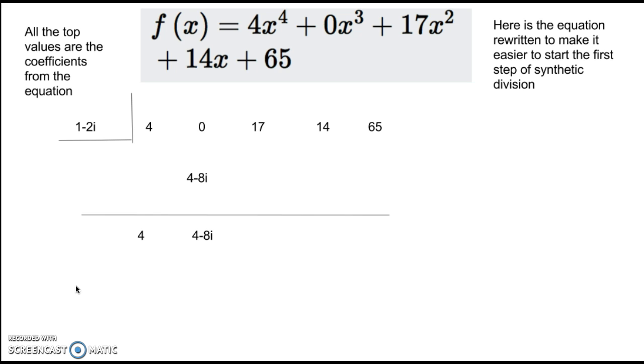Next, we multiply that again by 1 minus 2i, which you get negative 12 minus 16i, and just add 17 to that. You're going to get 5 minus 16i, multiply it, add 14, you get negative 13 minus 26i, multiply it and add 65, you get 0.